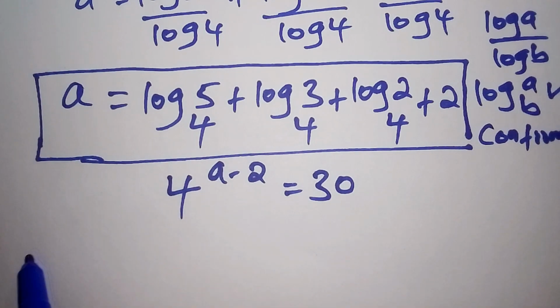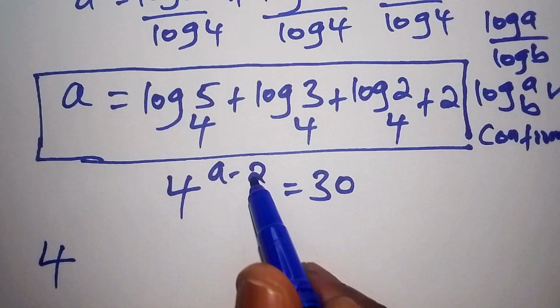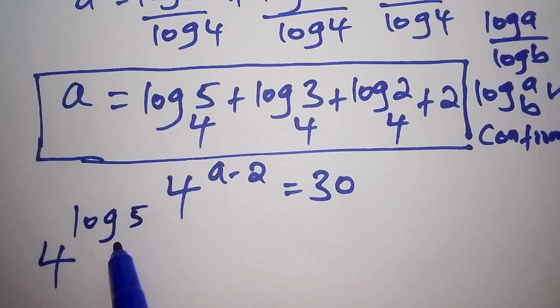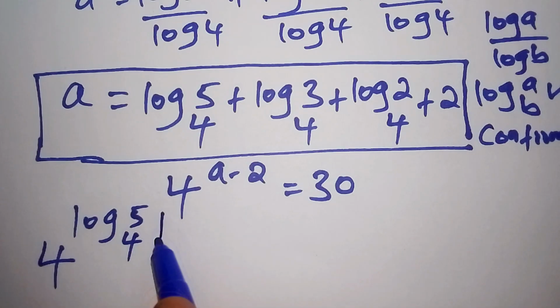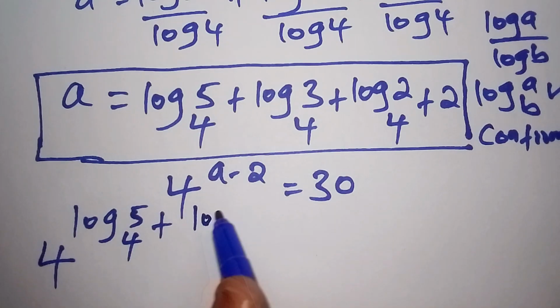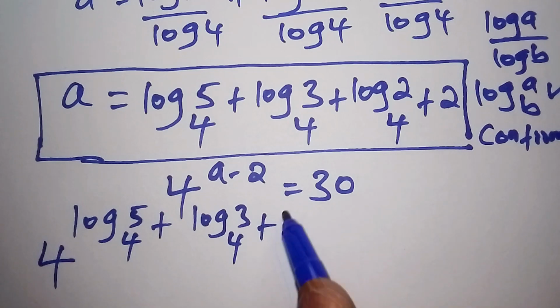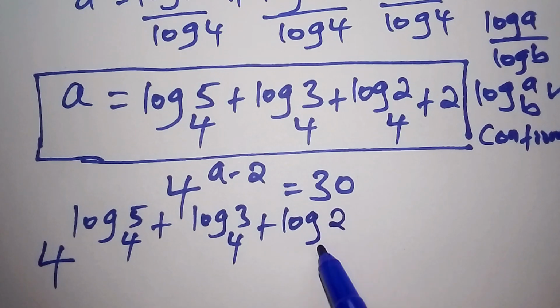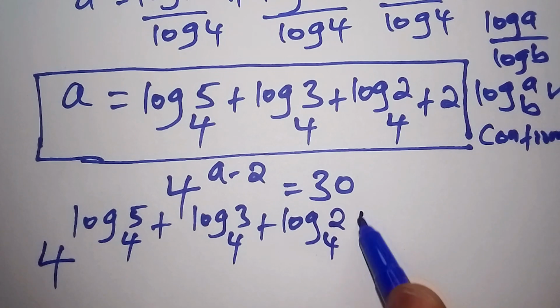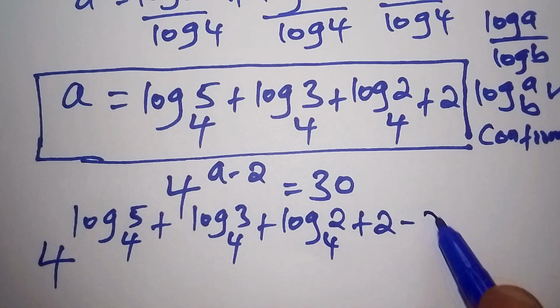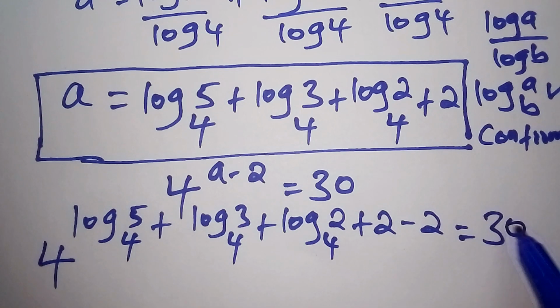So we now have 4 to the power of, so A is all of this, the log of 5 to the base of 4, plus the log of 3 to the base of 4, plus the log of 2 to the base of 4, plus 2, then minus 2 is equal to 30.